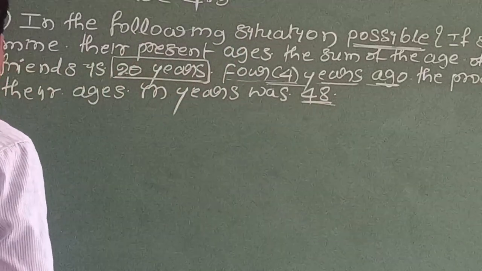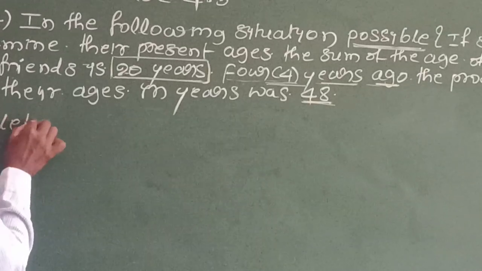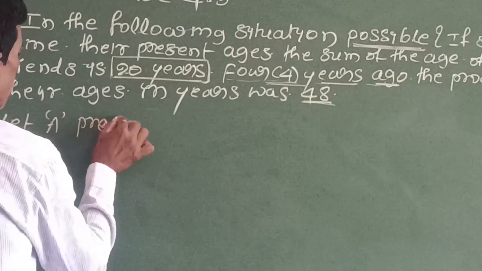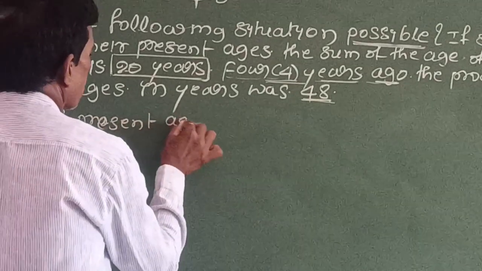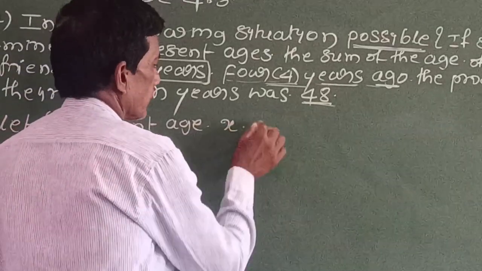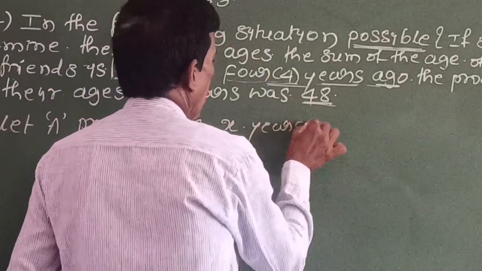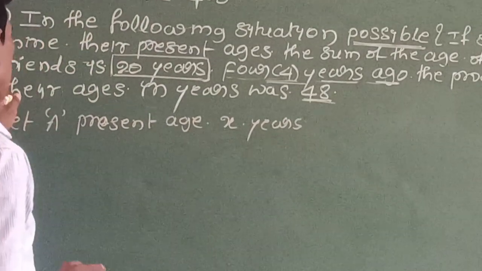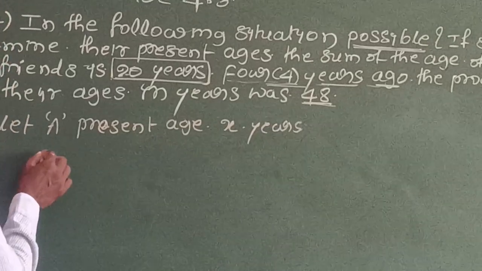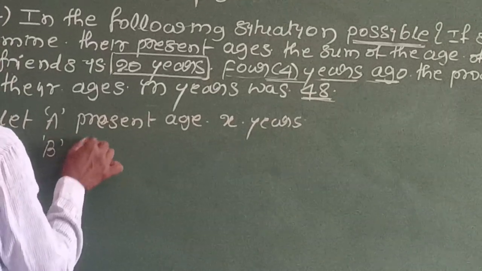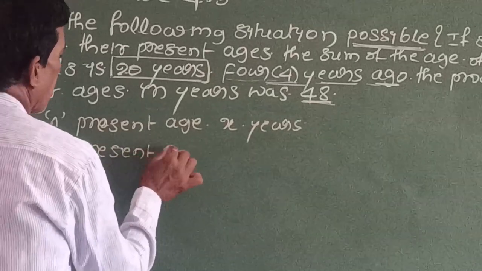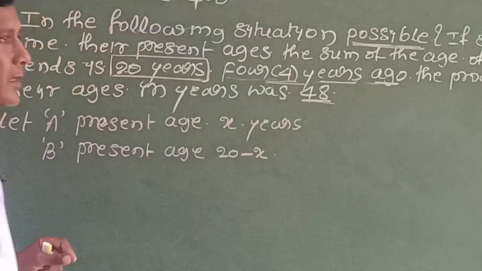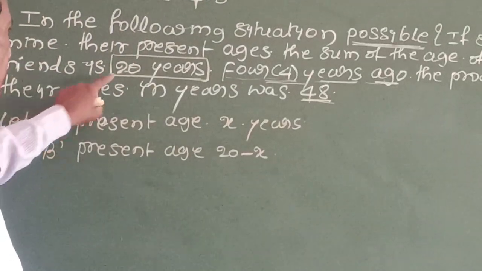Let A's present age be X years. The second person, B, has present age 20 minus X, because the sum of the ages of the two friends is given as 20 years.